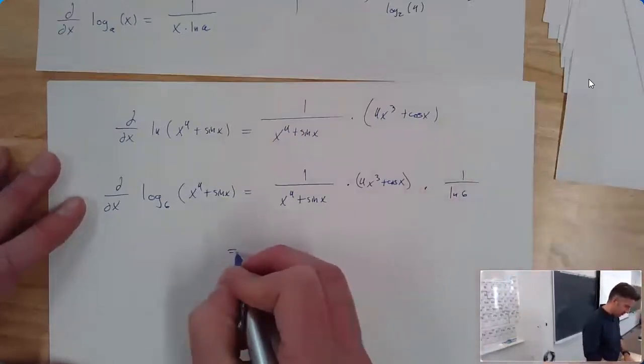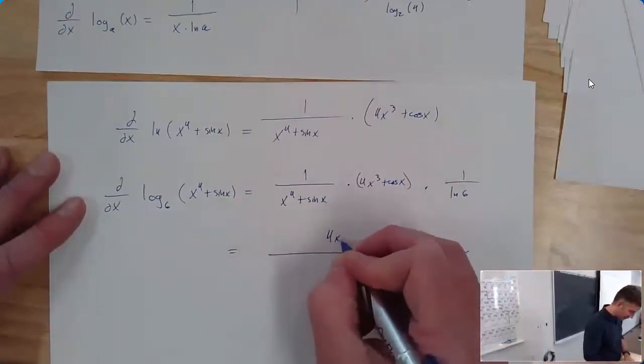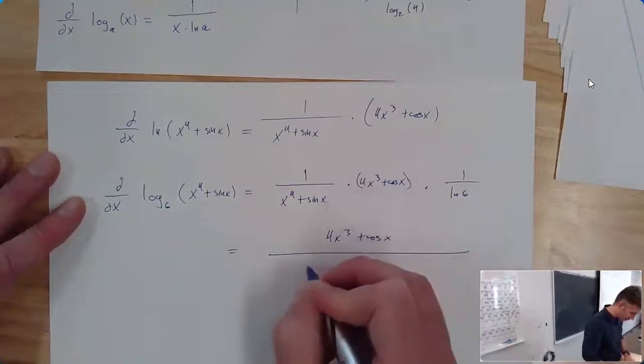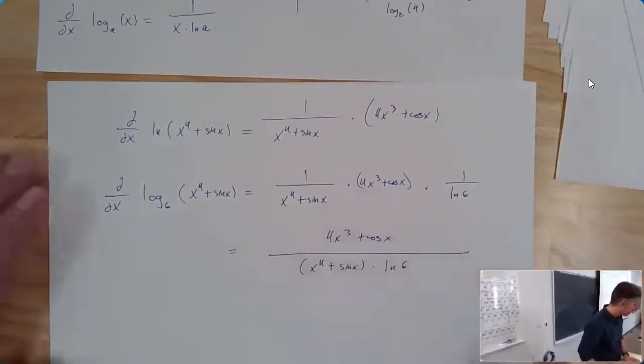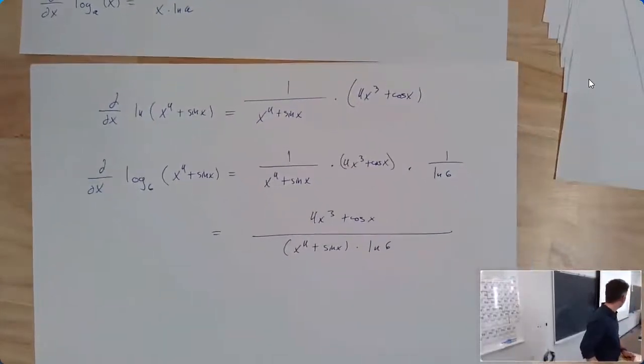Now, most people will probably put this all together and write it as 4x cubed plus cosine of x over x to the 4th plus sine of x times natural log of 6. So the general rule of thumb is whenever you're taking the derivative of a logarithm with a base other than the natural base, you always end up dividing by the natural log of that base. In fact, you could say that rule is always true, because if your base was e and you divide by the natural log of e, you'd just be dividing by 1. You can change anything. Question.